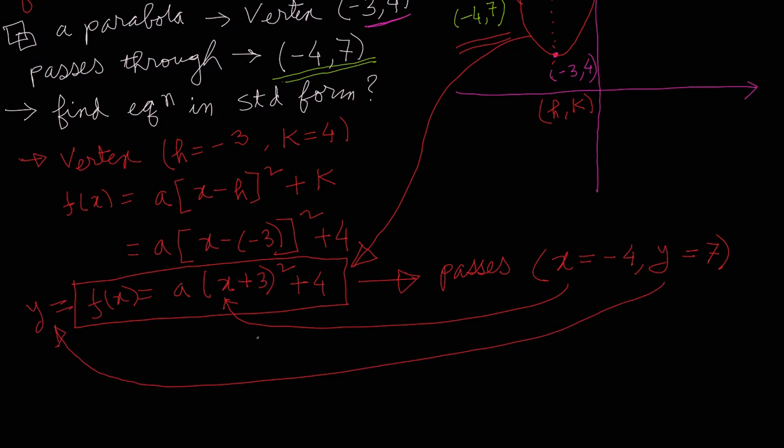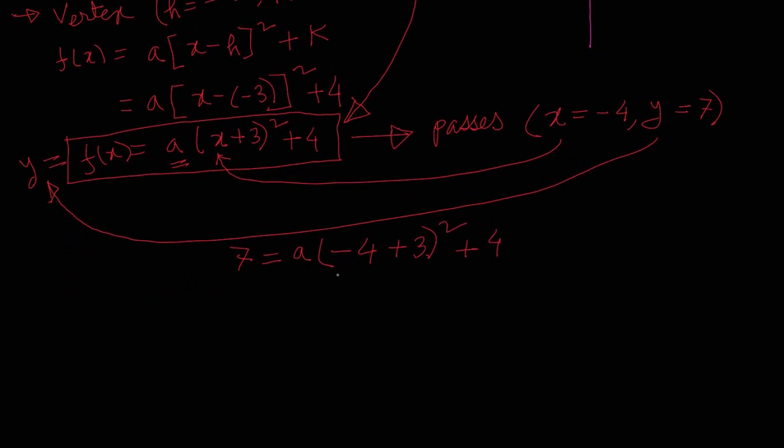So now let me put in the value of x and the value of y, which is f(x). We know that y equals f(x). So I get 7 = a(−4 + 3)² + 4. I do not know the value of a. So ultimately I get 7 = a(−1)² + 4, so 3 = a.